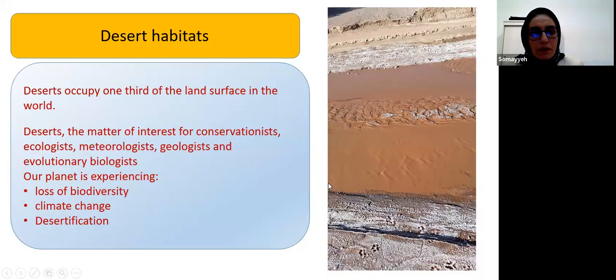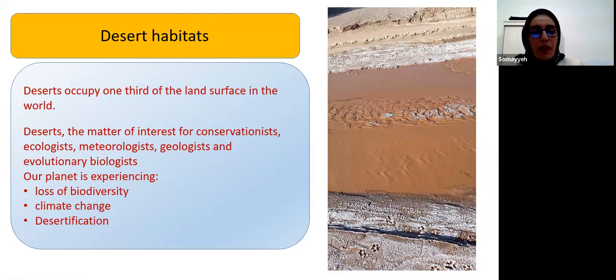So for the desert habitats, as you may all know, deserts occupy 1/3 of the land surface in the world. And they are a matter of interest for a variety of scientists such as conservationists, ecologists, meteorologists, geologists, and evolutionary biologists.